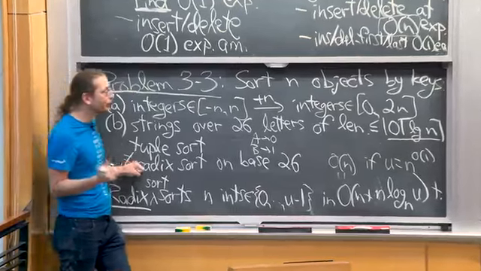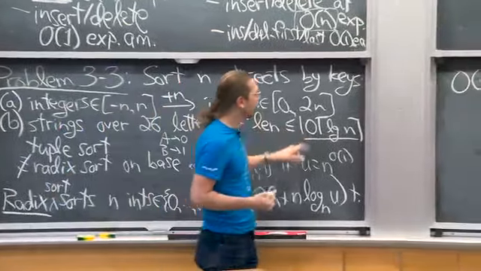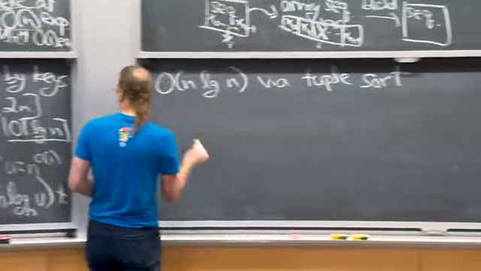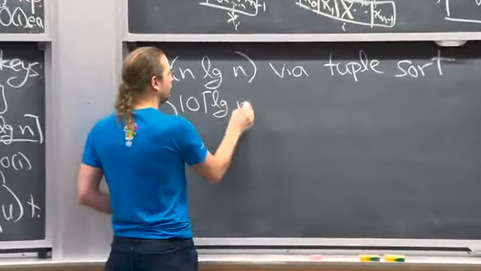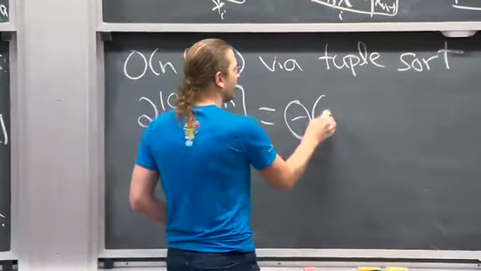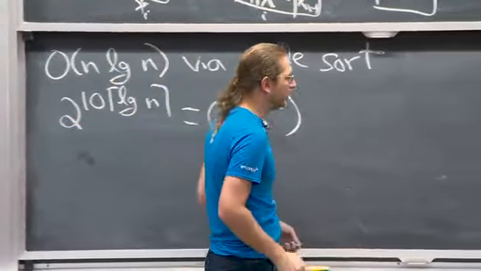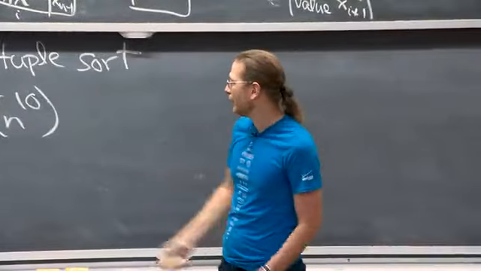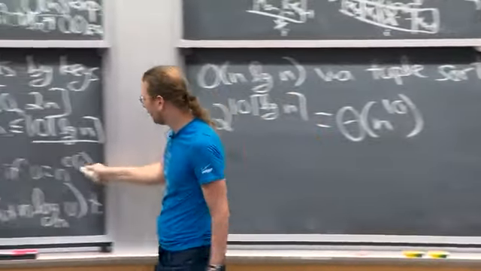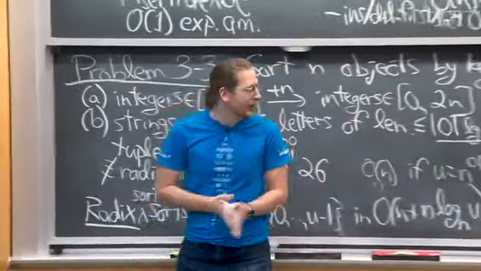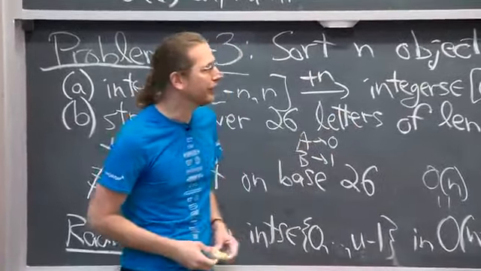And then it will only run 10 times, because 2 to the 10 log n is n to the 10. And so the numbers that we're sorting are between 0 and n to the 10, and so u is n to the 10. And so that's the case when radix sort runs in linear time.